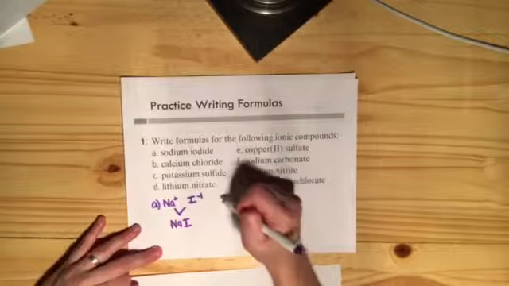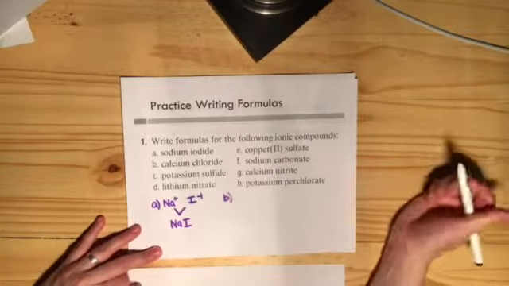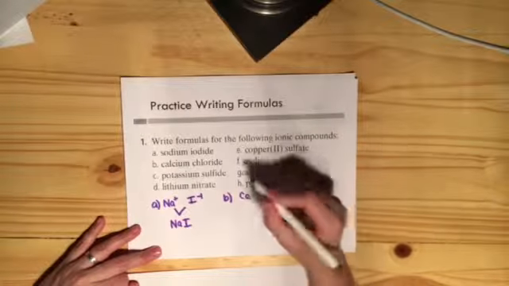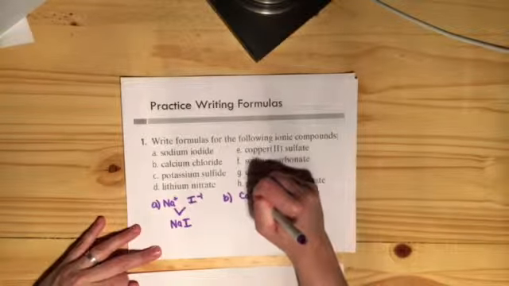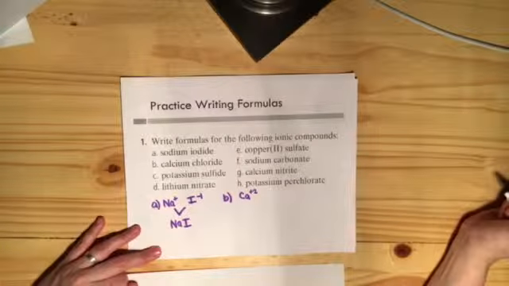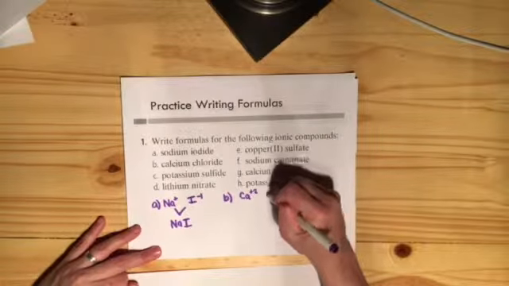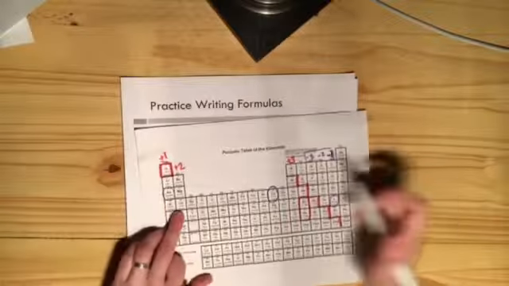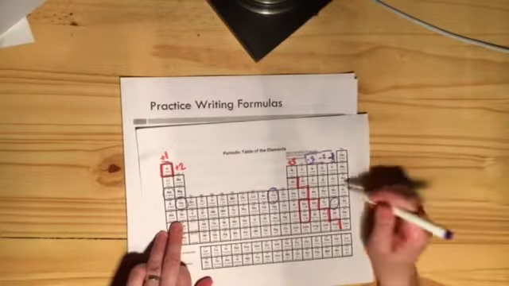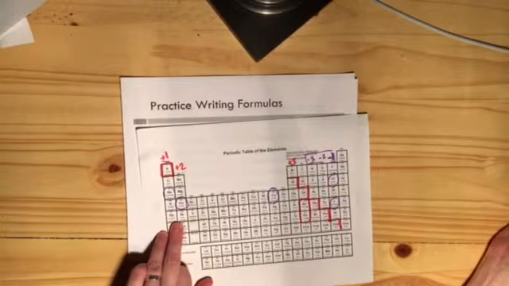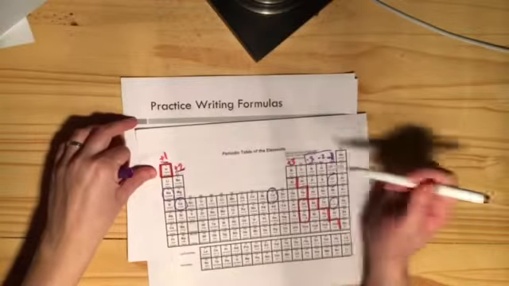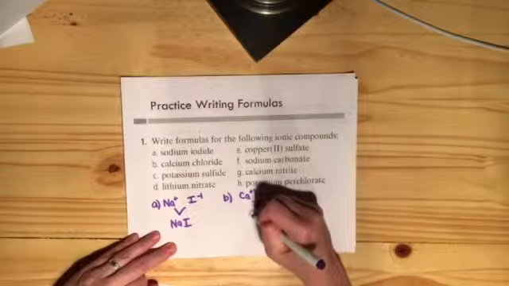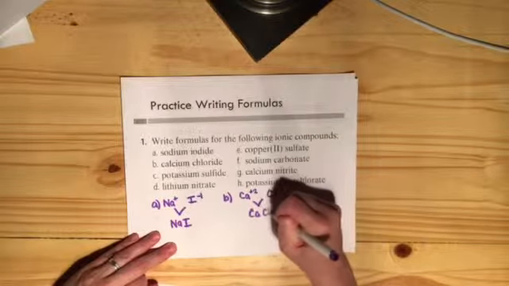Then B, we've got calcium chloride. Calcium is +2. Chloride is -1. Getting these from the periodic table, calcium's right here, chloride's right here, and so +2, -1. Put those together, CaCl2.